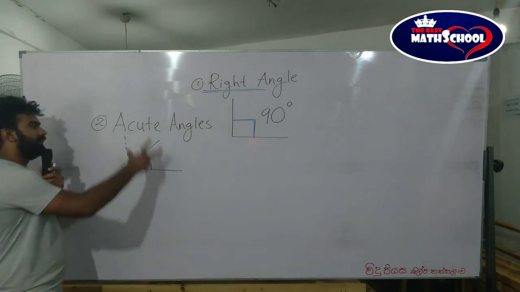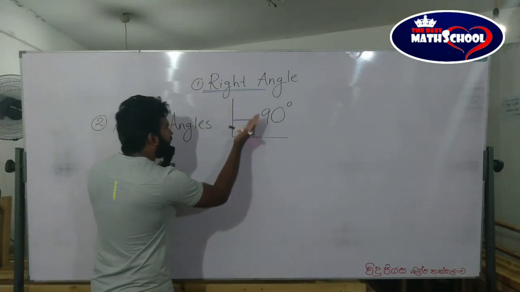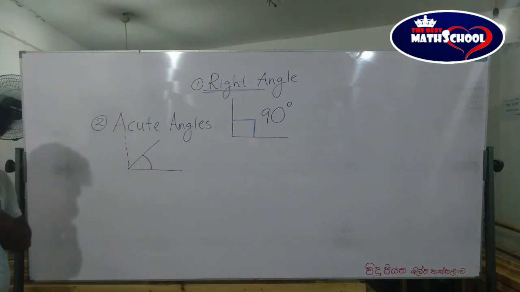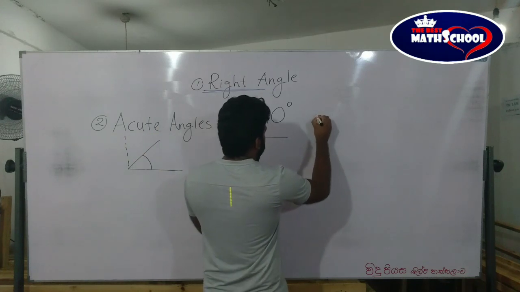So that's all. Acute angles means it should be smaller than this right angle. Got it? So let's move to the third type of angle.